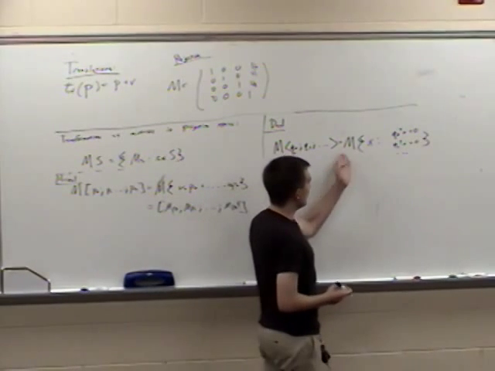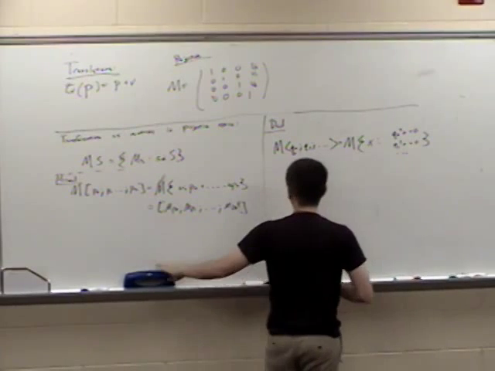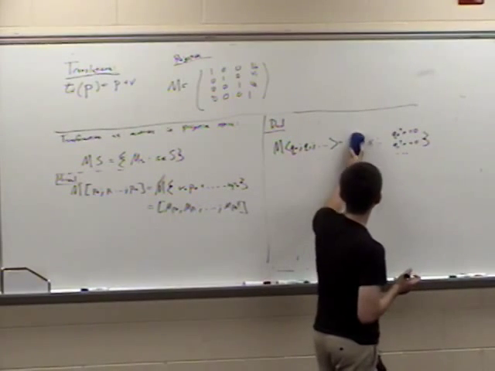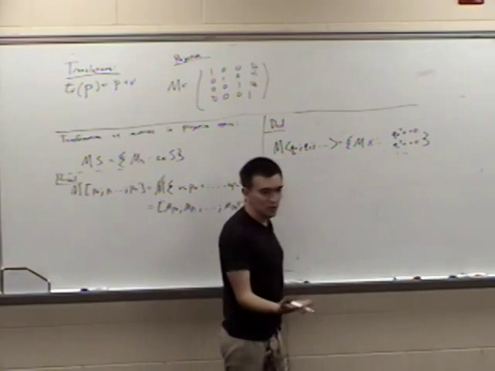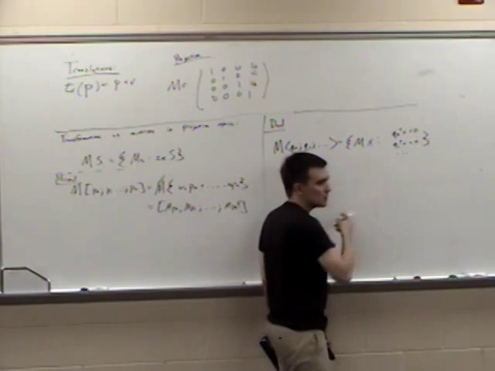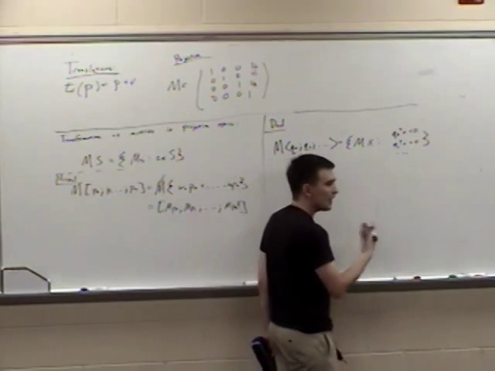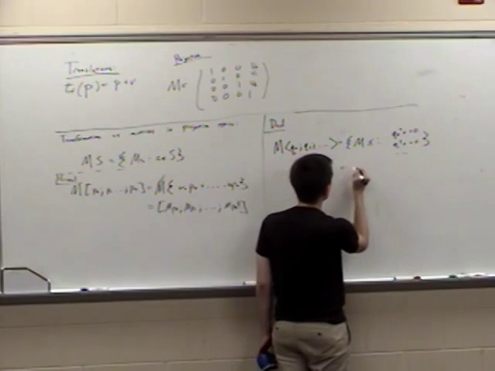Well, I can pull the M into the x on this side of the equation. I want to save some blackboard space, so just pull the M right in. But I really want to get the M over to the Q's, so I can do a change of variable. I'll just map x to M inverse x, because M is an invertible matrix, and this is fine.